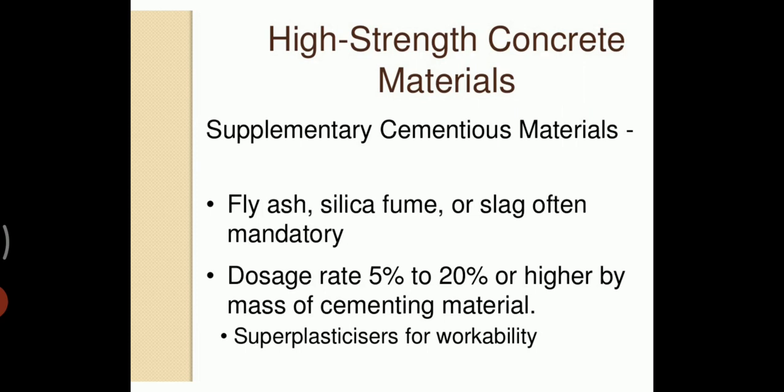For example, if we use a 50 kg bag of cement, its 10% is about 5 kg and its 1% is 0.5 kg, and therefore its 5% is about 2.5 kg. So if we take a dosage of 5% of the cementitious material such as fly ash or silica fume, then about 2.5 kg is required. So like that we have to add these things.